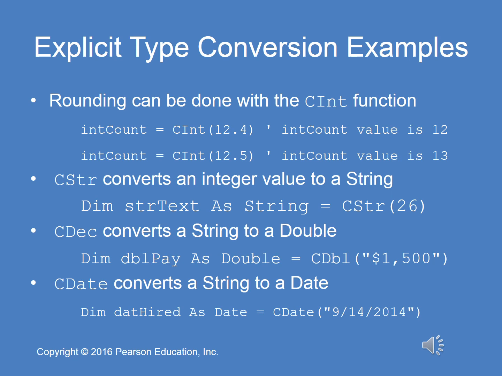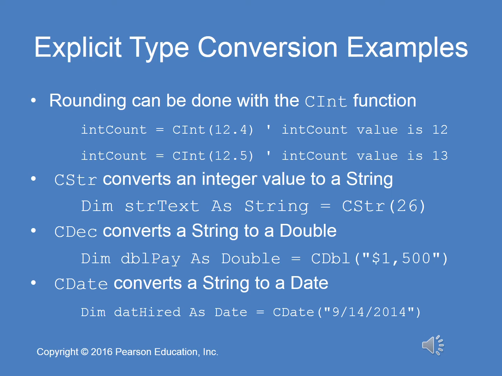CStr converts an integer value to a string. So if we want to put 26 as text, not as the number 26, but as the character 2 followed by the character 6 in a string, which is different, we can use CStr, convert to string, and assign it to a string.